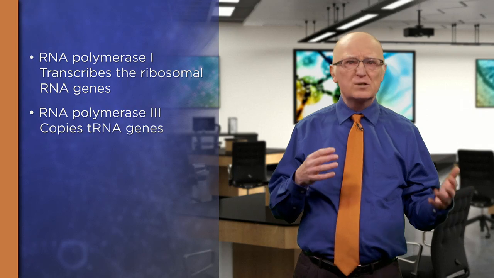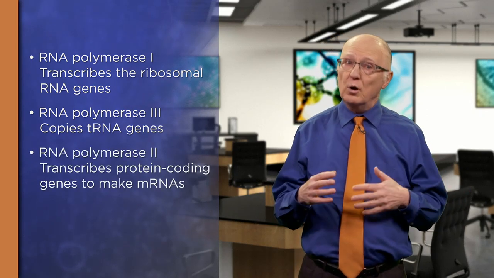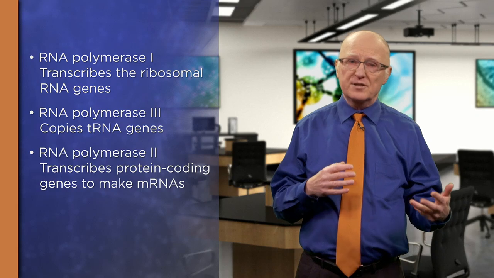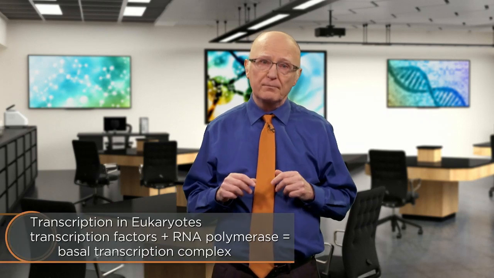The RNA polymerase we will focus on most is RNA polymerase II, which transcribes protein coding genes to make messenger RNAs. All 3 eukaryotic RNA polymerases need additional proteins to help them initiate transcription. In prokaryotes, RNA polymerase had the sigma factor helping it to find and bind to promoters. Additional proteins are needed by eukaryotic RNA polymerases, and they are referred to as general transcription factors.